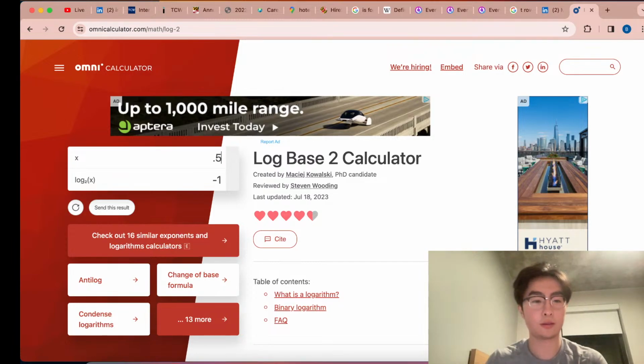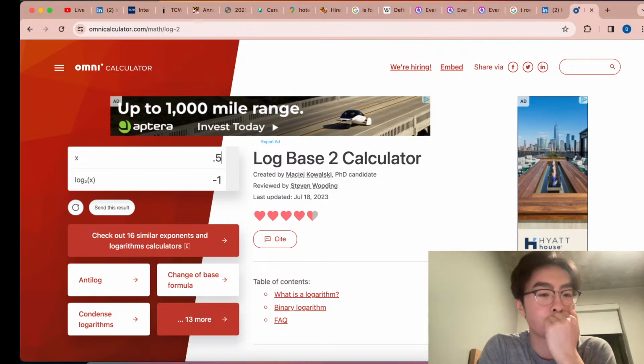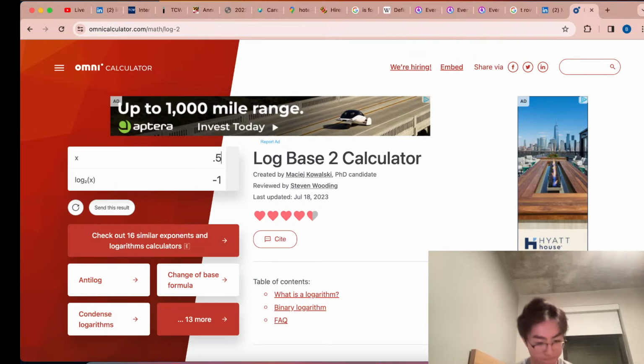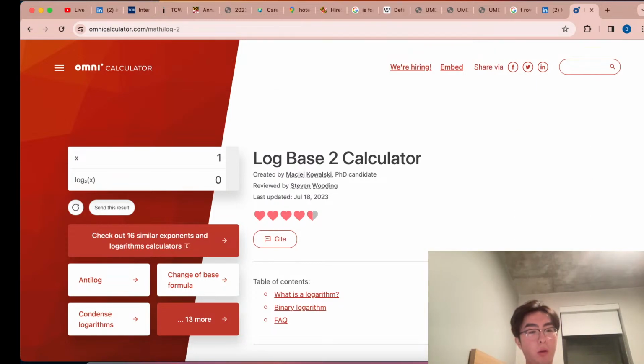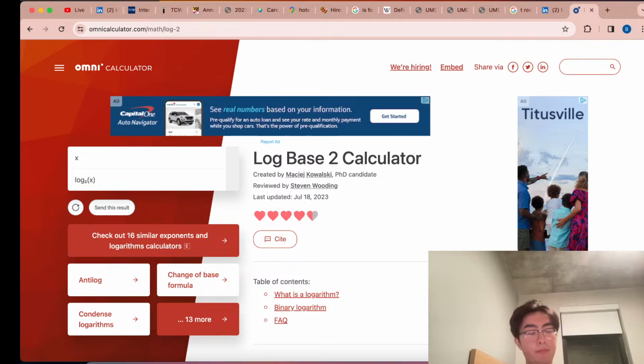Log of 0.5, -1. Wait, log of 1, 0. Log of 1/2 is equal to log of 1 minus log of 2.